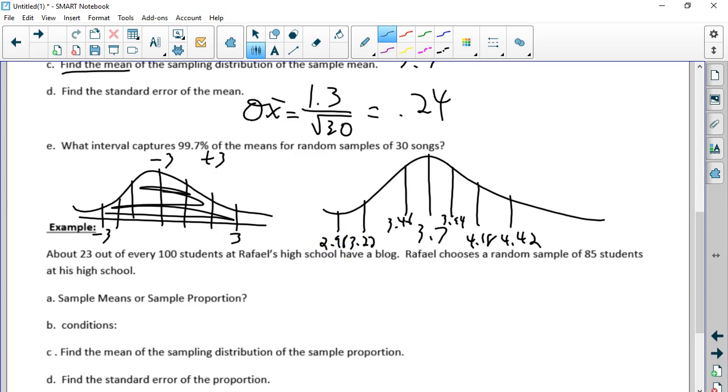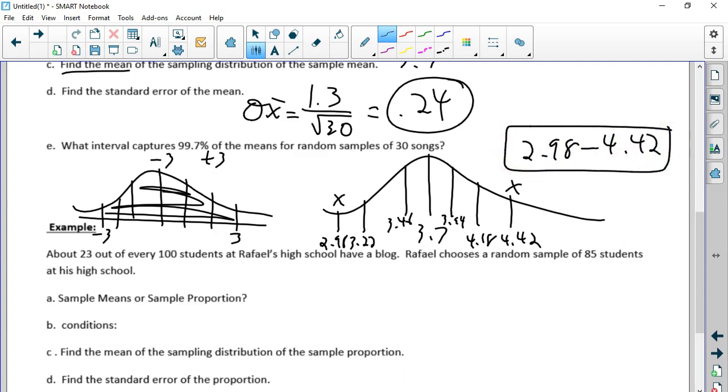Now again, we just start with our mean and we add the standard deviation, or actually the standard error in this case, each time and subtract it each time. So, minus 3 is here, plus 3 is here. So what interval? It's from 2.98 to 4.42. That's the interval that captures 99.7% of the population.